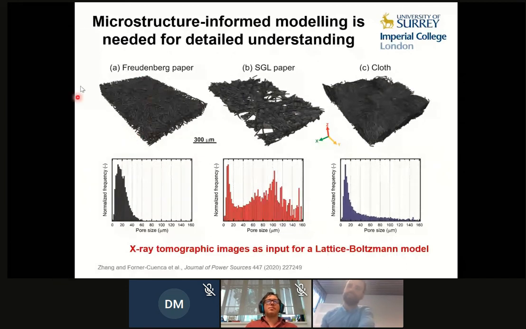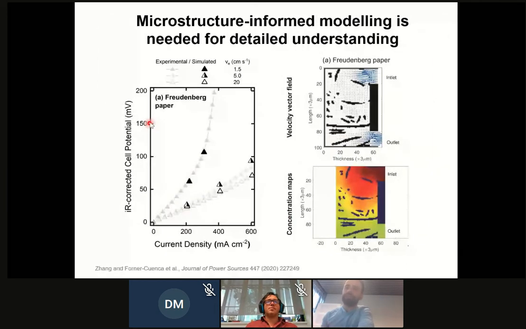So we take the images of the fibers, and then our colleagues imported that into a lattice Boltzmann simulation modeling that actually included electrochemical reactions on the surfaces, right? And they only had one fitting parameter, which was the mass transfer coefficient near the boundary layer. And they were able to actually track the experimental data rather well for the different material microstructures.